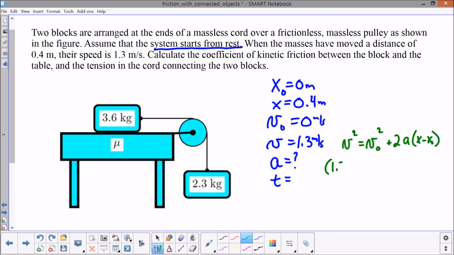So we have 1.3 squared equals 0 squared plus 2 times the unknown acceleration times 0.4 minus 0.